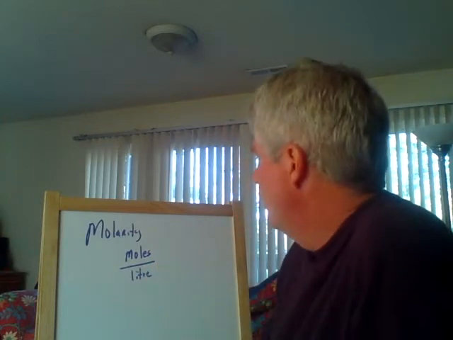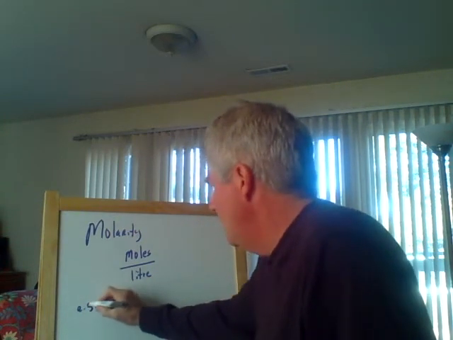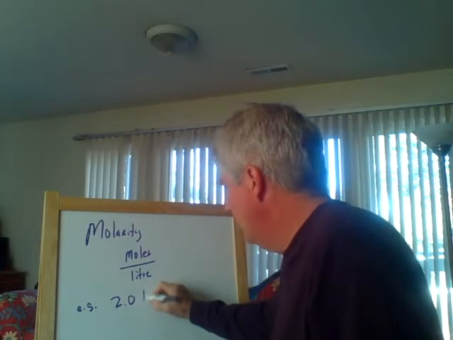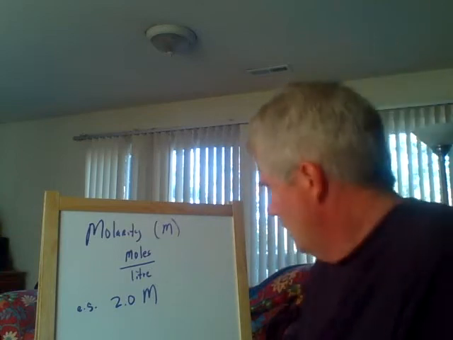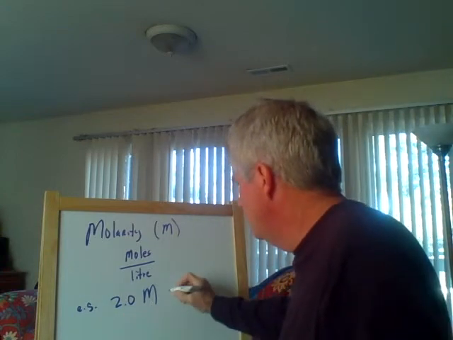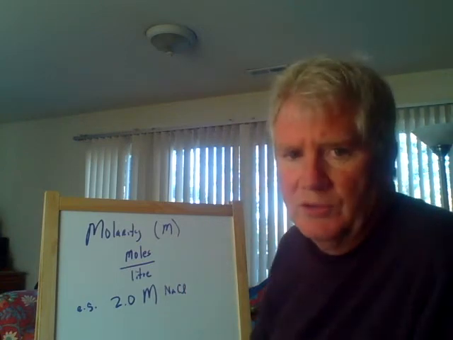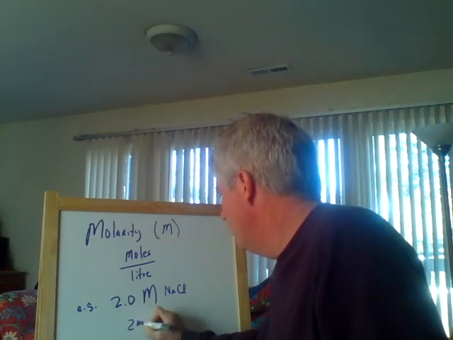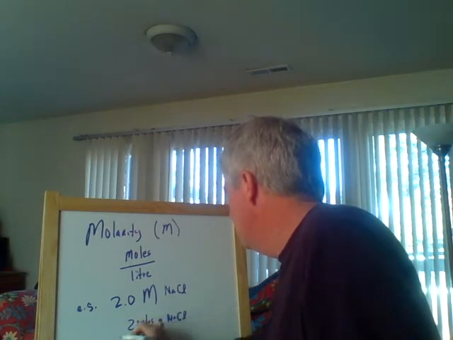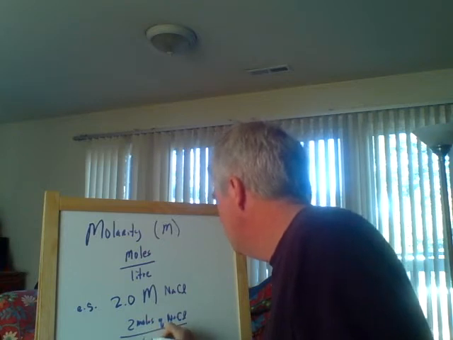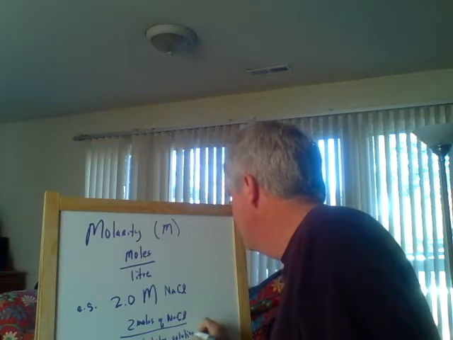For example, by the way, the symbol for molarity is usually M. A 2.0 molarity solution of sodium chloride is saying that there are 2 moles of sodium chloride for each 1 liter of solution.